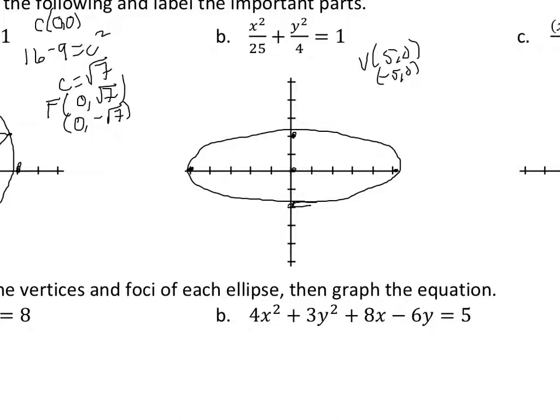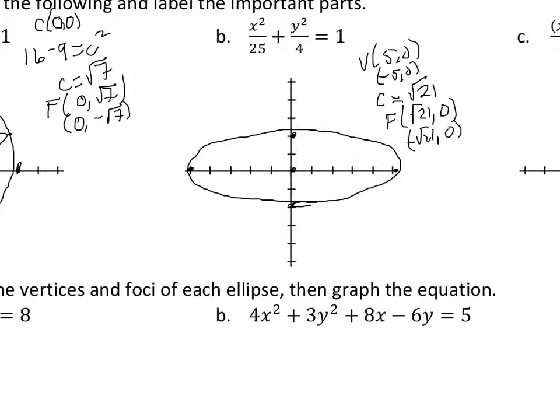Okay, so then c is equal to the square root of 25 minus 4, or the square root of 21. So officially my foci are at (root 21, 0) and (negative root 21, 0).